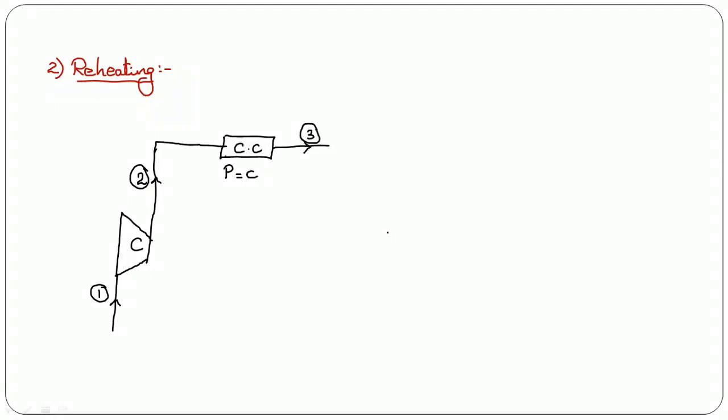to condition 3. Now this air enters a turbine, and here we name this turbine the high pressure turbine. The reason is that the pressure after compression will be highest. That's why we have considered this turbine as the high pressure turbine based on the entry condition pressure.